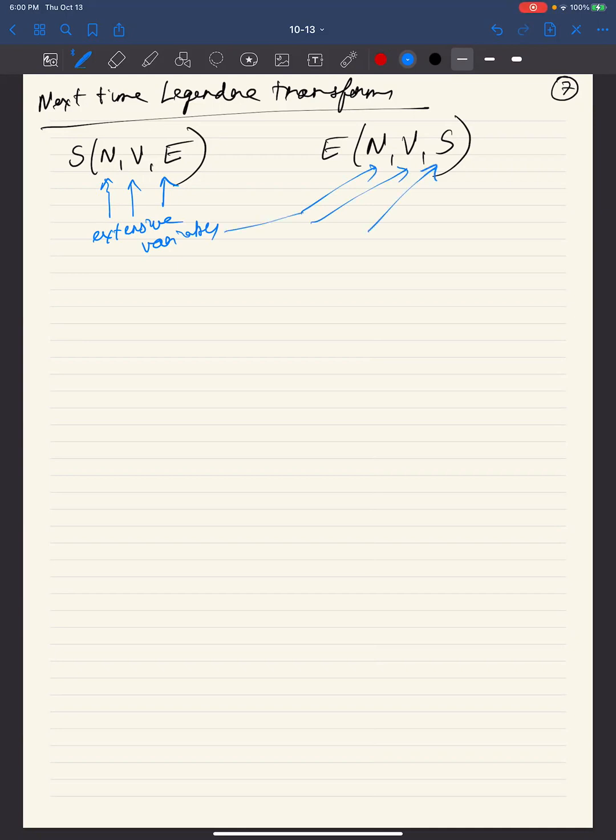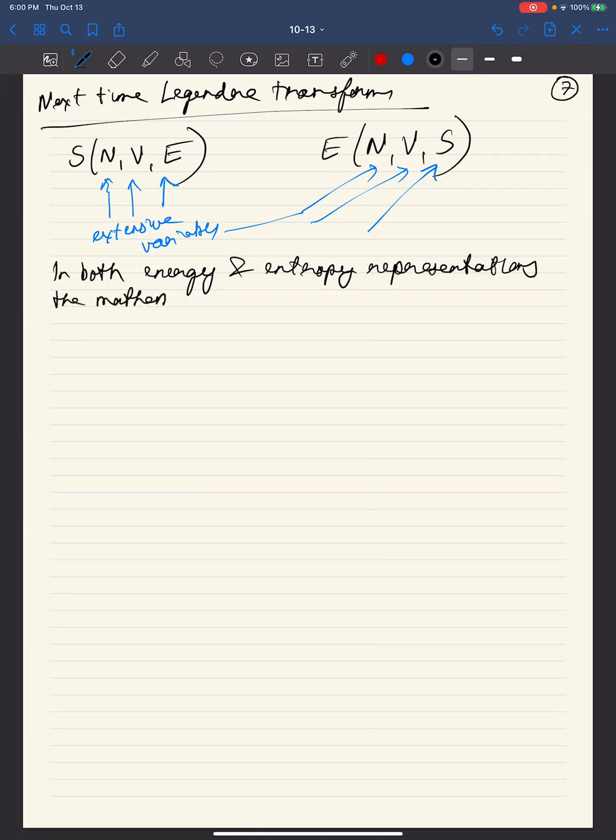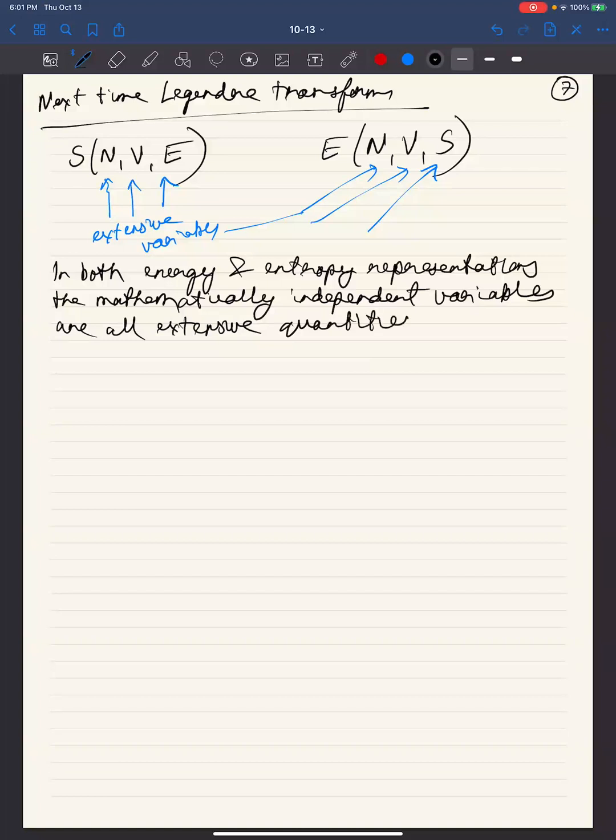However, in other words, in both energy and entropy representations, the mathematically independent variables are all extensive quantities, and the intensive quantities were derived quantities.